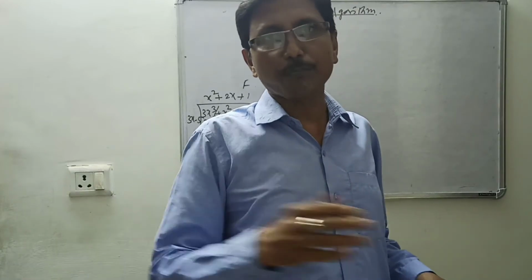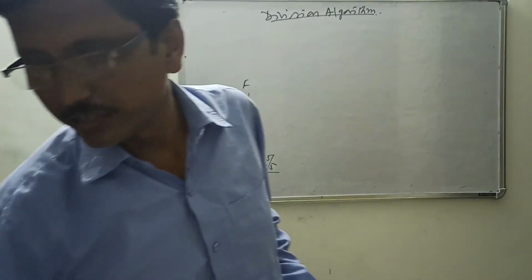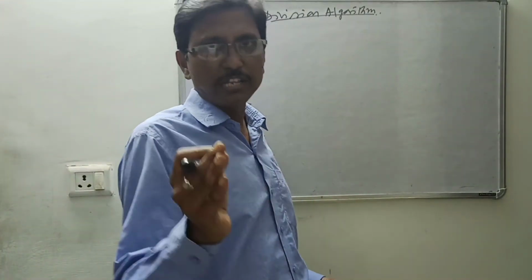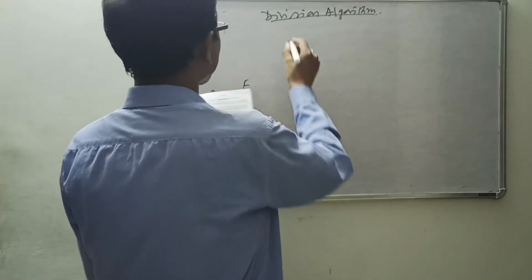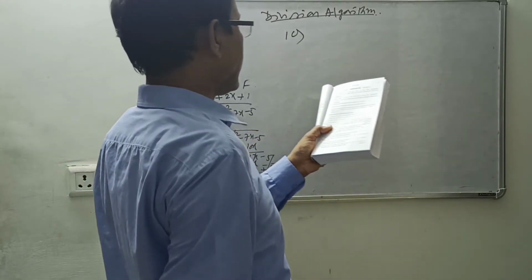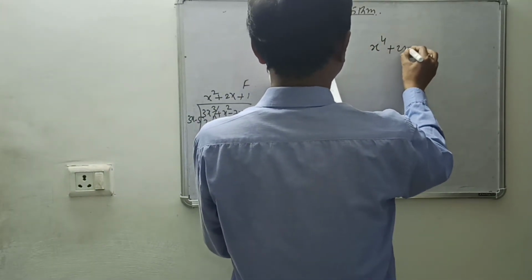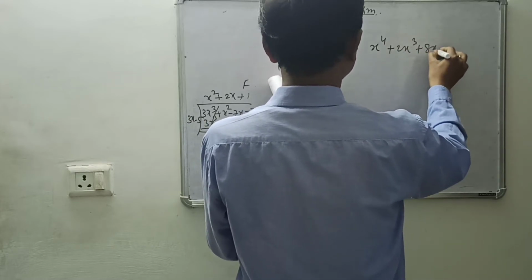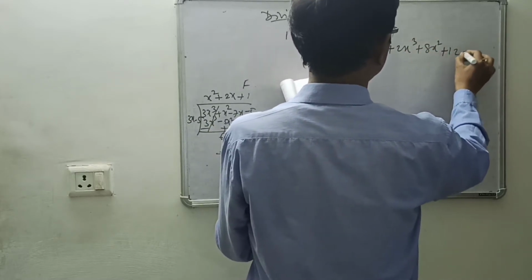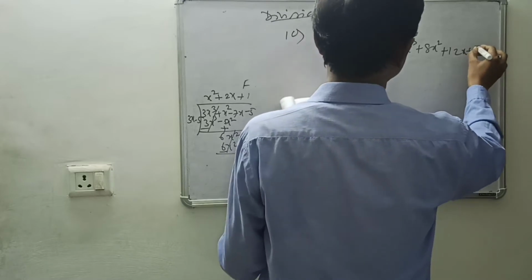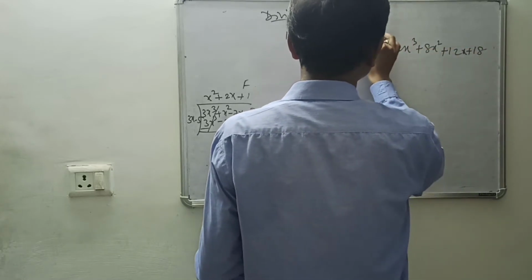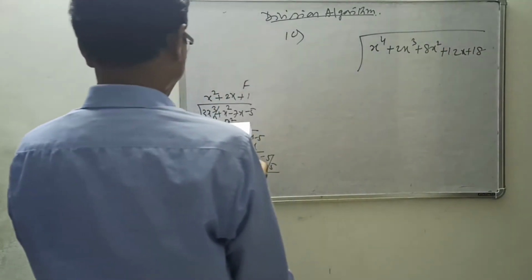You will check first, suppose descending order of variables, means descending power of variables, x4, x cube, like that. So according to question 10, the polynomial x4 plus 2x cube plus 8x square plus 12x plus 18 is divided by what?